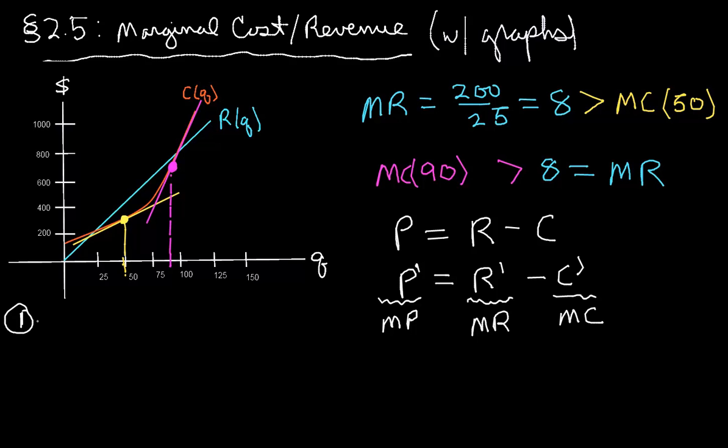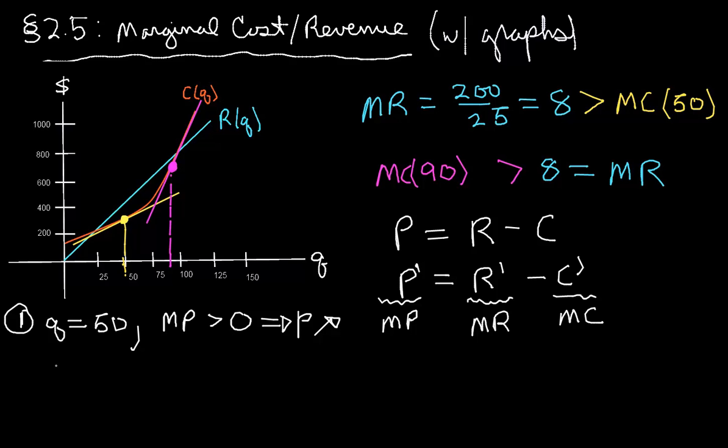So for Q equals 50, for example, we know for a fact that the marginal profit is larger than 0. Why? Because the marginal revenue is larger than the marginal cost. And this automatically tells you that the profit must be increasing exactly at that point.